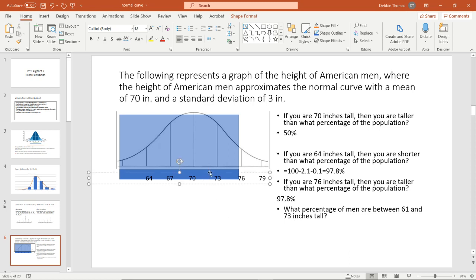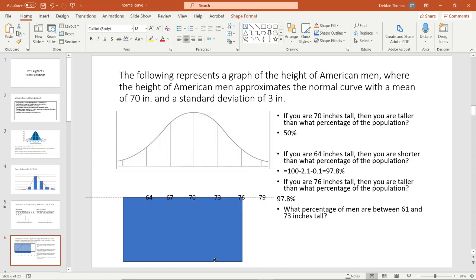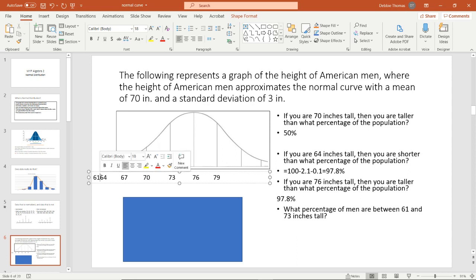Okay, so here's an interesting one. What percentage of men are between 61 and 73? We don't have 61 on the board, so I'm going to space these out and shift it.